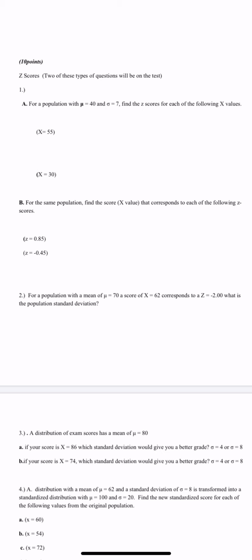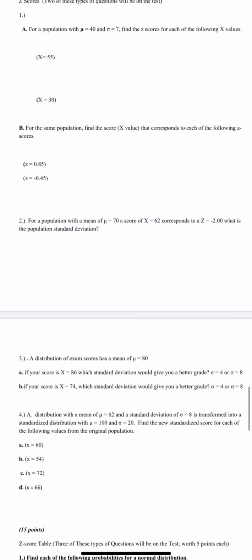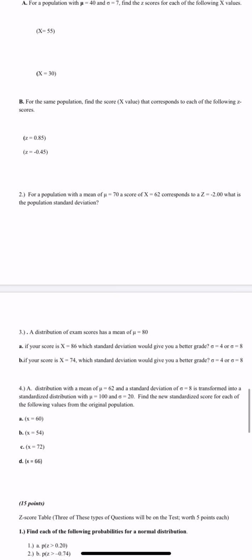So you're going to do 0.85 times 7 plus 40, which will give you 45.95, and negative 0.45 times 7 plus 40, which will give you 36.85.